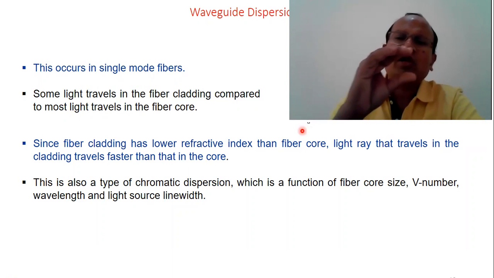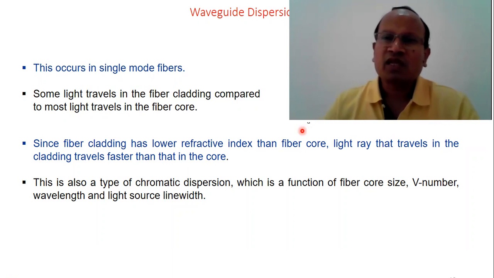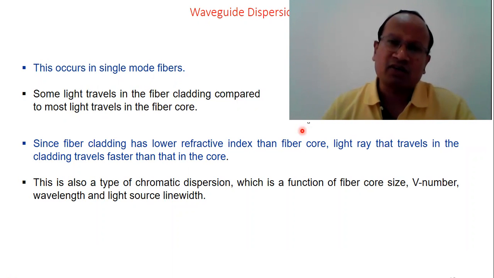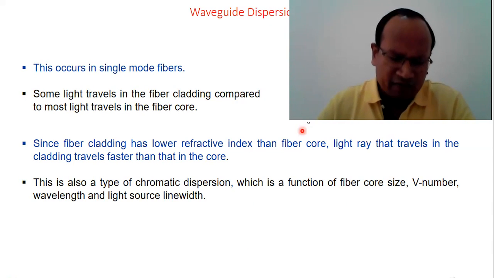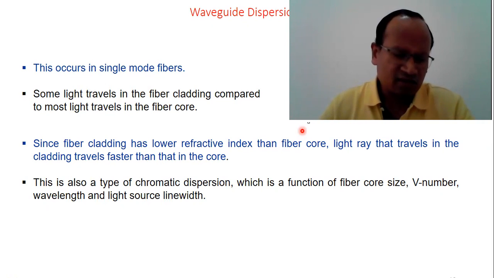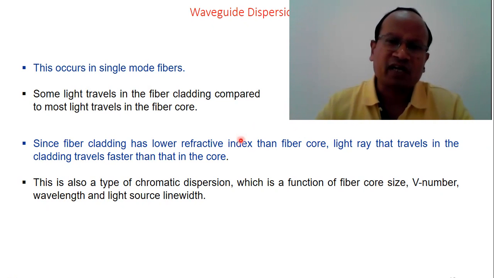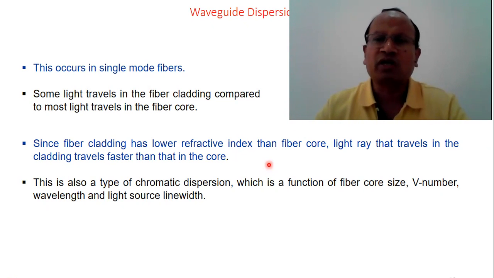Otherwise, the whole component of light is supposed to travel in the core area. But when that is not happening, it is also traveling to some extent in the cladding area, and then it is your loss of signal.